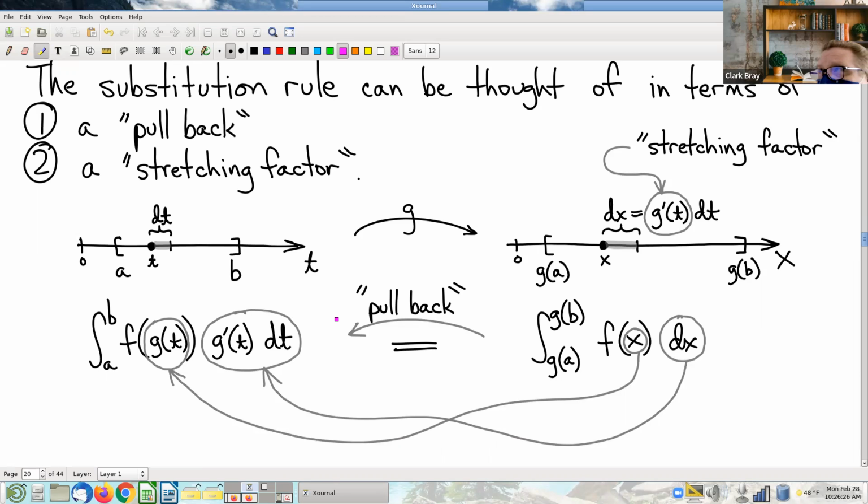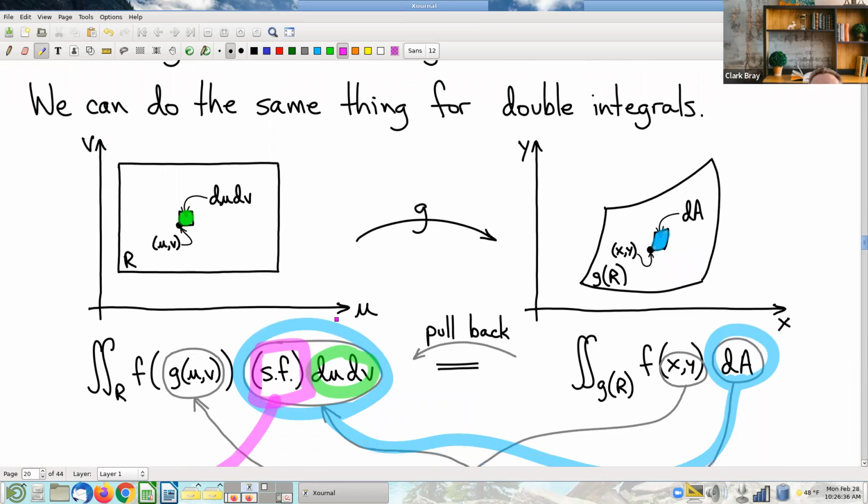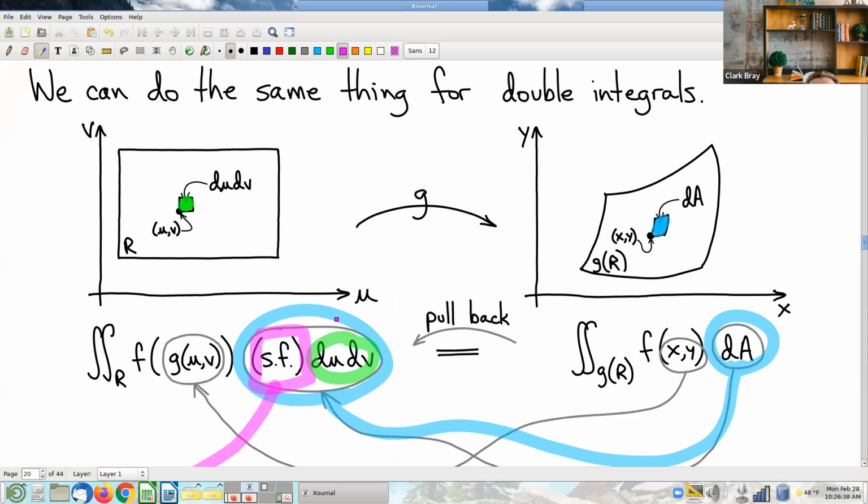We're pulling back through the g function to rewrite everything in terms of t, just like with substitutions. So a lot of people think of, and I encourage this, this formula down here, which we call the change of variables formula, as really just the substitution rule in 2 dimensions for double integrals.